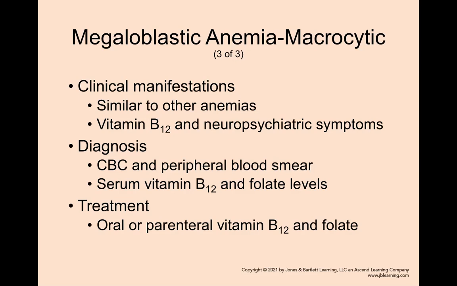Your homocysteine levels will be high as well. The treatment is basically oral or IV supplements. And it is also important to know that preconceptual folic acid supplementation is recommended for women planning to become pregnant to prevent neural tube defects.